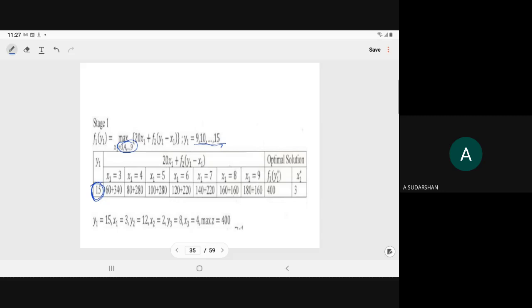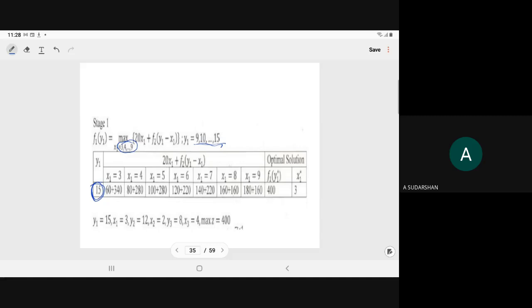Need not show for 9, 10, 11, 12, 13, 14. Just show for 15, because when you utilize the complete space, then only you will get the optimum revenue. So when y1 is equal to 15, x1 is equal to 3, 4, 5, 6, 7, 8, 9. So corresponding objective values are given to you.